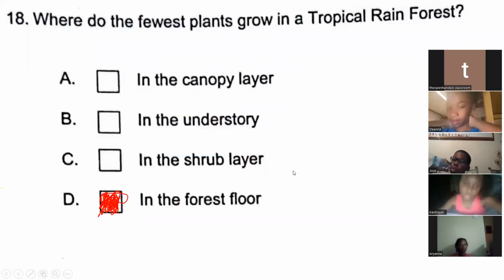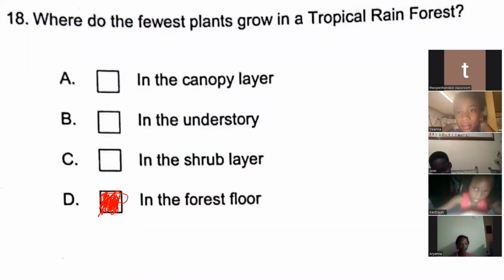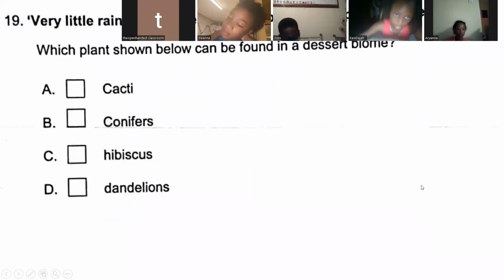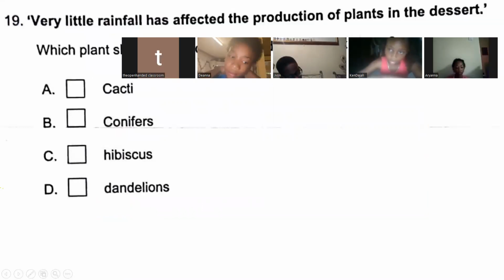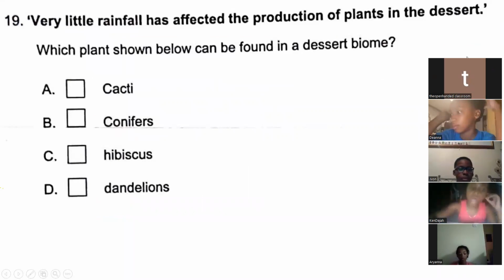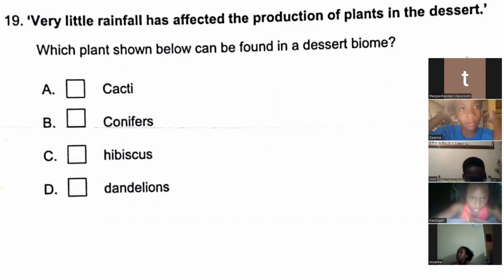So in the forest. Number 19. Go ahead. Javon, read number 19. Very little rainfall has affected the production of plants in the desert.